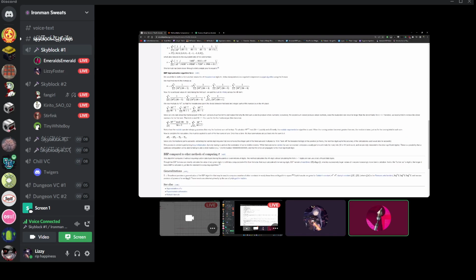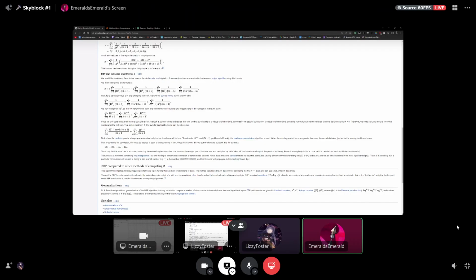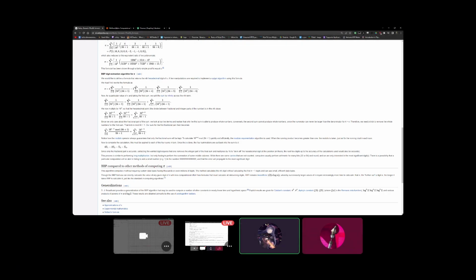So we're going to have this digit extraction algorithm for pi. So if we're looking here, we are basically going to want to get those things. We want to get this digit extraction algorithm for pi.